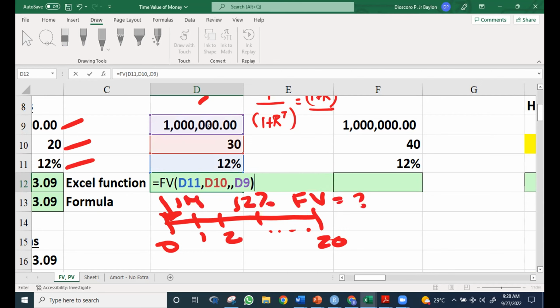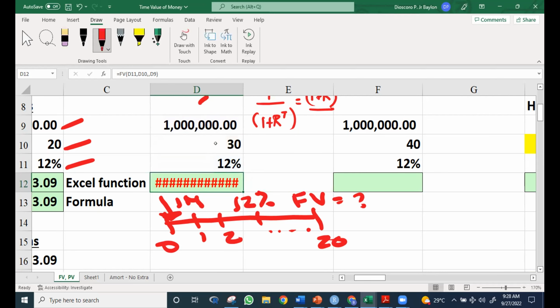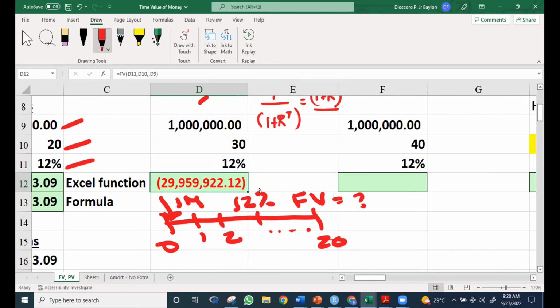So Excel is quite particular about the direction of the cash flow. If this is positive, then that means we loaned an amount. Money came in. So what happens after 30 years? We will have to put out money. Money will go out. That's why it gives us a negative answer here. Negative 29,959.